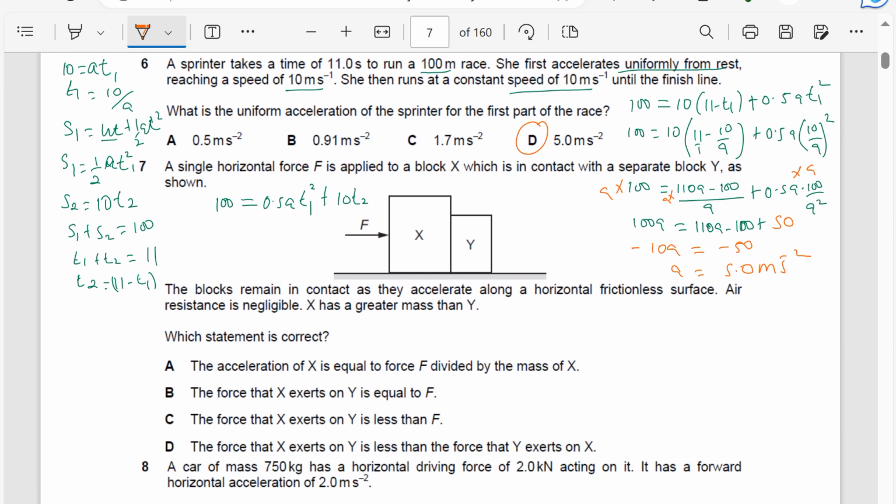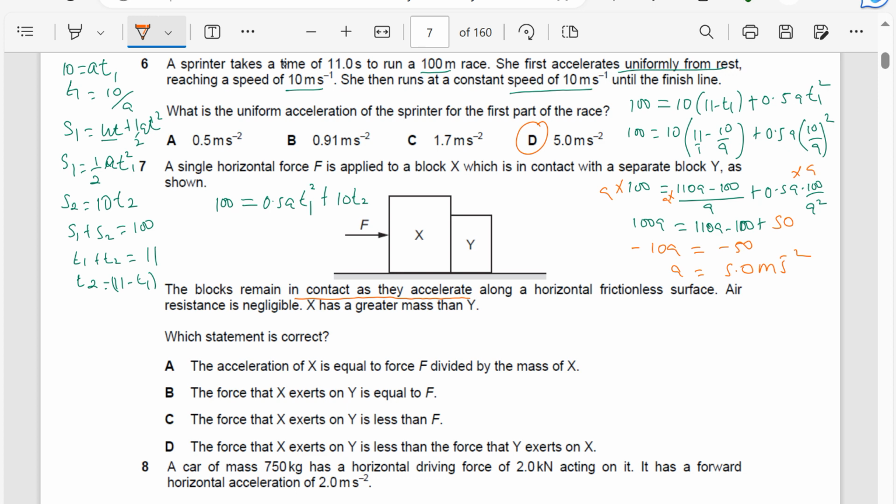A single horizontal force F is applied to a block X, which is in contact with a separate block Y as shown. The blocks remain in contact as they accelerate along a horizontal frictionless surface. Air resistance is negligible. X has a greater mass than Y. Which statement is correct?